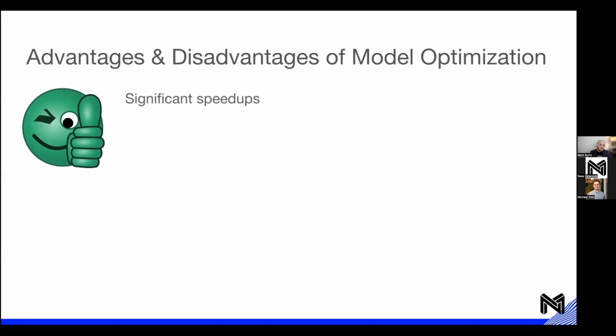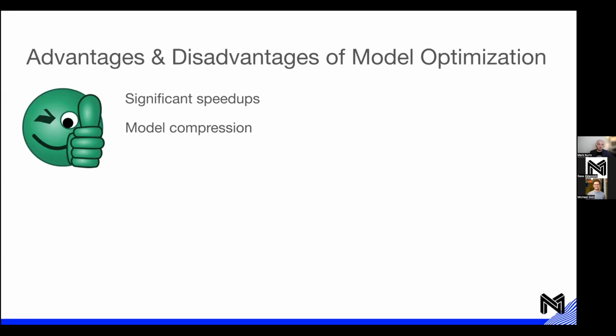And so diving in, let's talk over advantages and disadvantages of optimizing your model. So one advantage is that we can get significant speedups, and we'll go through speedups as we're going through this workshop and what can happen there. But additionally, we get model compression on top of that. So we have inference speedups whenever we're looking at deploying the model, and additionally, we can get model compression, so we can minimize the size of those files, so we can deploy them at edge and in more constrained spaces.